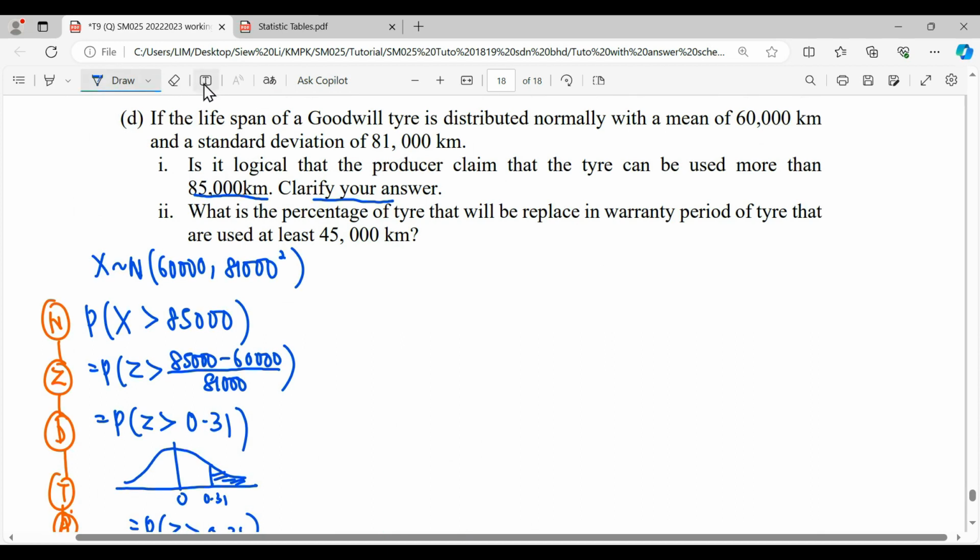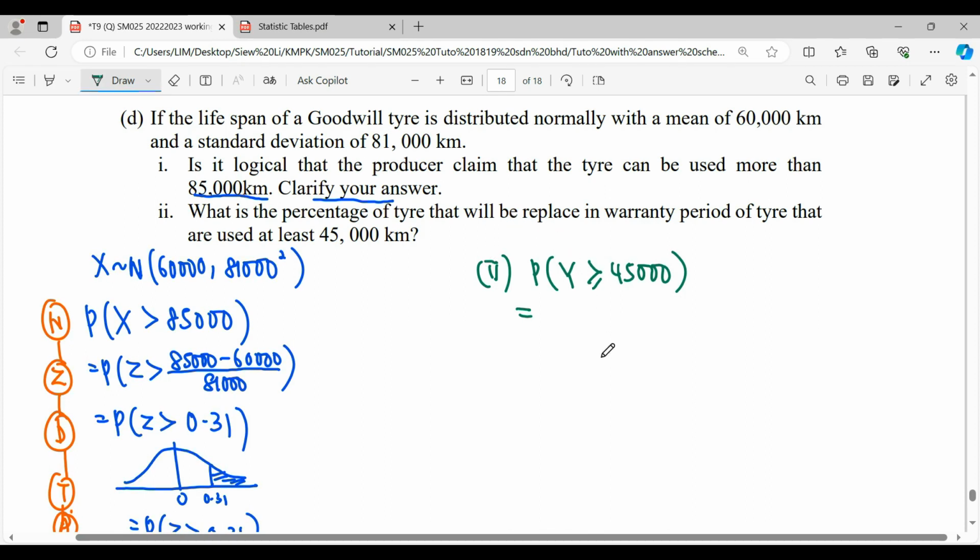So next, for question 2, what is the percentage of tyres that will be replaced in the warranty period that are used at least 45,000? For the tyres that can be used at least 45,000, we see what percentage, so it will be the percentage to be replaced.